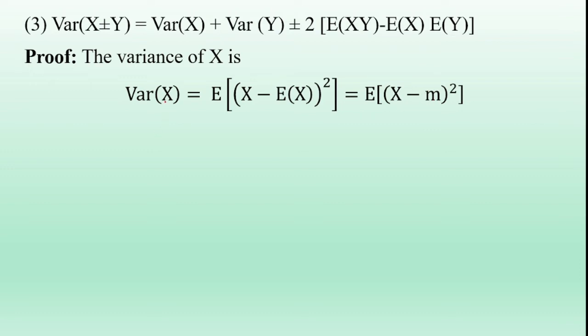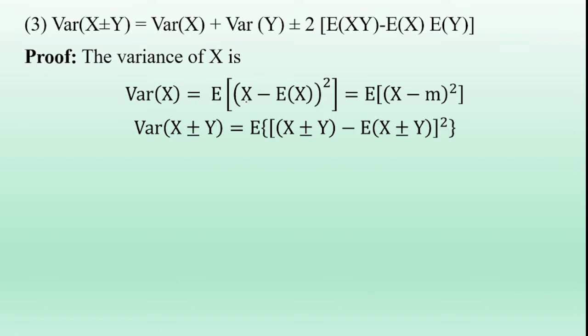Here x is replaced by x plus or minus y. So the variance of x plus or minus y is the expectation of x plus or minus y minus the expectation of x plus or minus y, whole square.